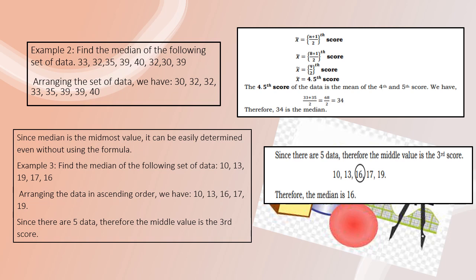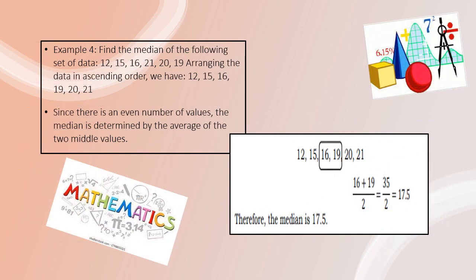Example, find the median of the following set of data. Since we have the data, just follow the formula, substitute to the formula, then you can get the median. Example number 4, find the median of the following set of data.